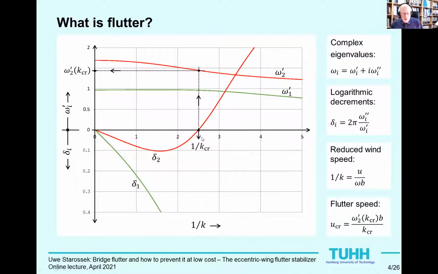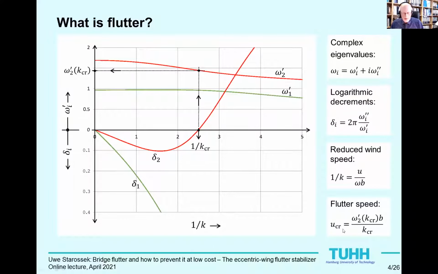Hence, the zero crossing of the delta 2 branch here indicates the borderline stable state of constant amplitude harmonic vibration, which we have defined as flutter. The corresponding value of omega 2 prime for this critical value of k is the flutter frequency.